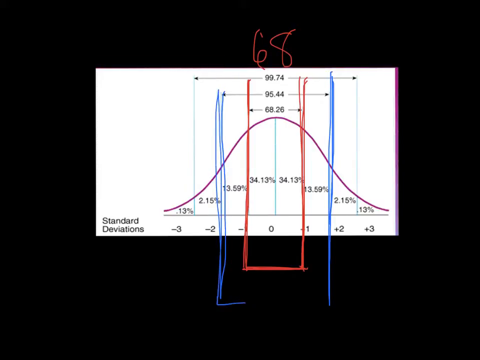In between those two lines, you have 95% of the data. So almost all of it is in between 2 standard deviations. You're virtually certain to be in between 2 standard deviations. In fact, if you're outside of 2 standard deviations, then you are potentially an outlier.